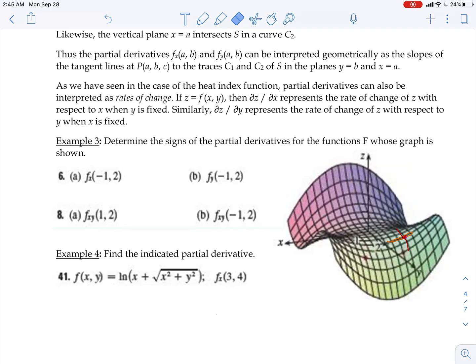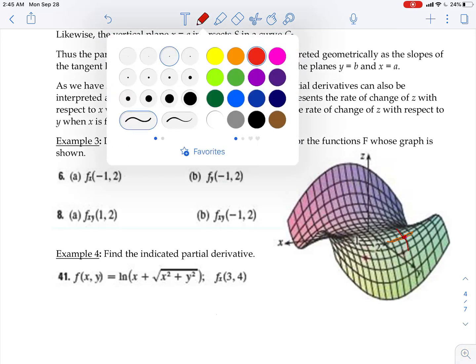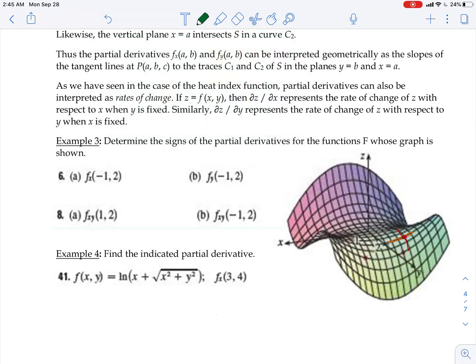So let's go ahead and look at some of the partial derivatives using a surface that we have already mapped out, and we want to determine whether these are going to be positive or negative partial derivatives as we go along our function. So for part 6, we have the point (-1, 2).